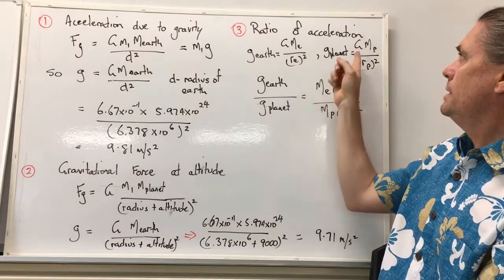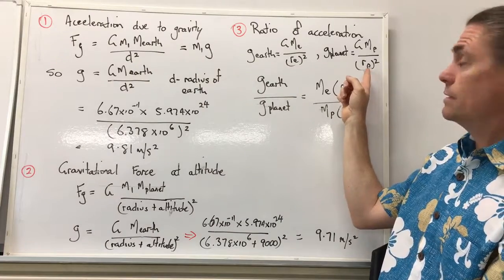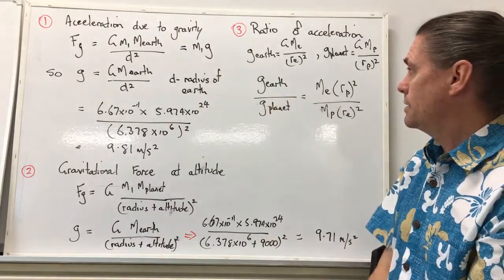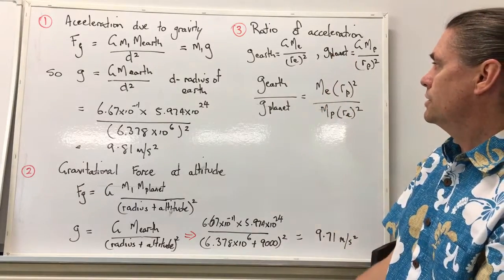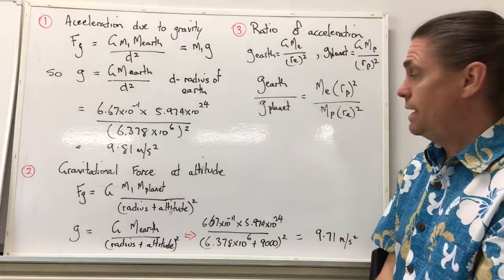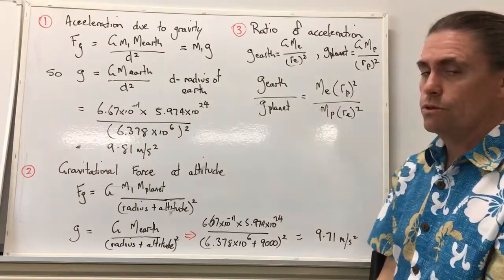The planet similarly is g equals G times the mass of the planet over the radius of the planet, all squared. And if we want the ratio of Earth over that planet, we can rearrange these two equations to get the mass of the Earth times the radius of the planet all squared, over the mass of the other planet times the radius of the Earth all squared.